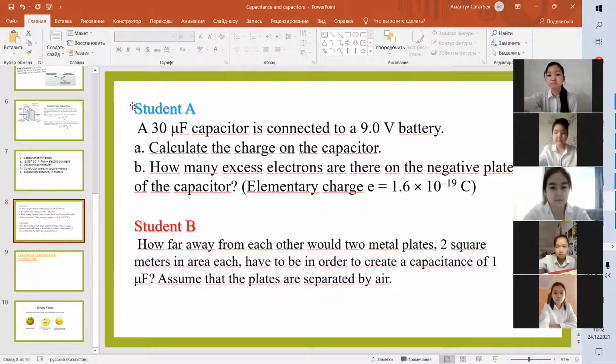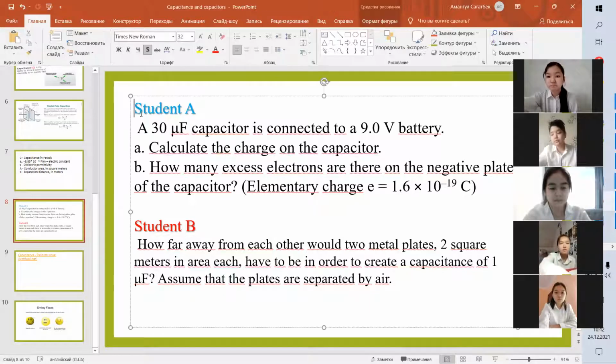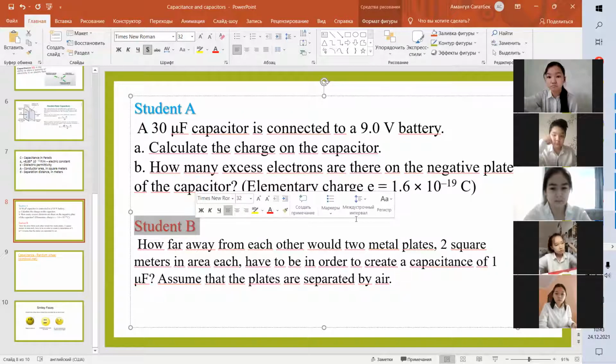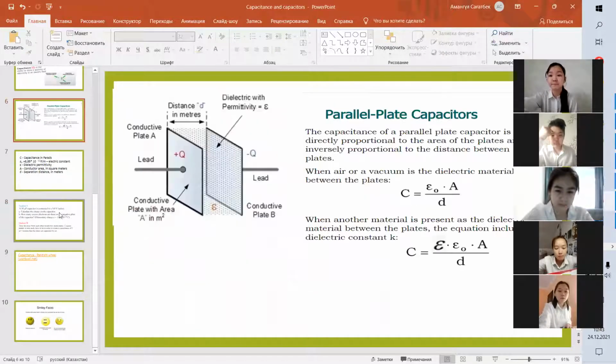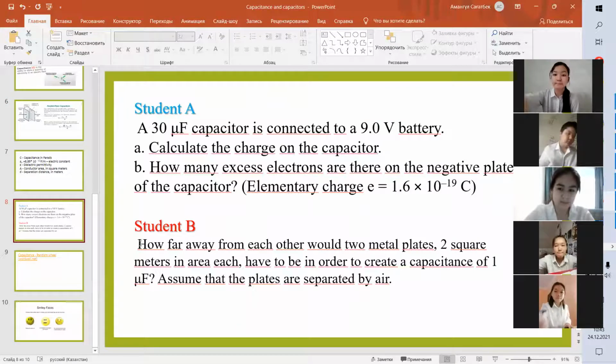Now you should solve these problems. Alima and Muhammad, Dilara is student B, and Ghaziza, and the other students, you are student A. Okay, Alima, please read the problem.